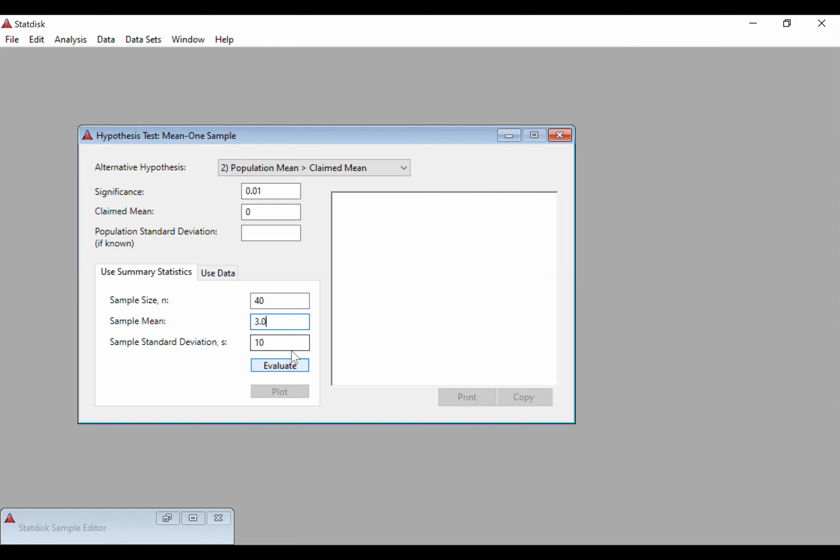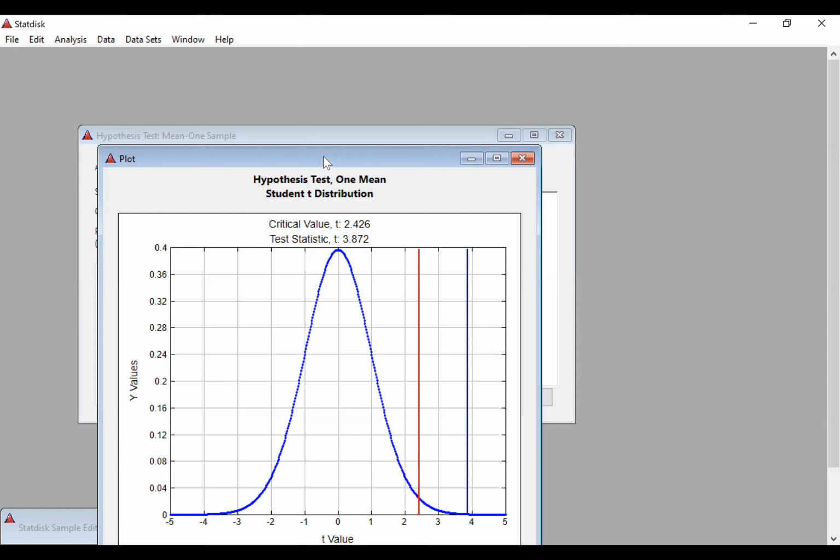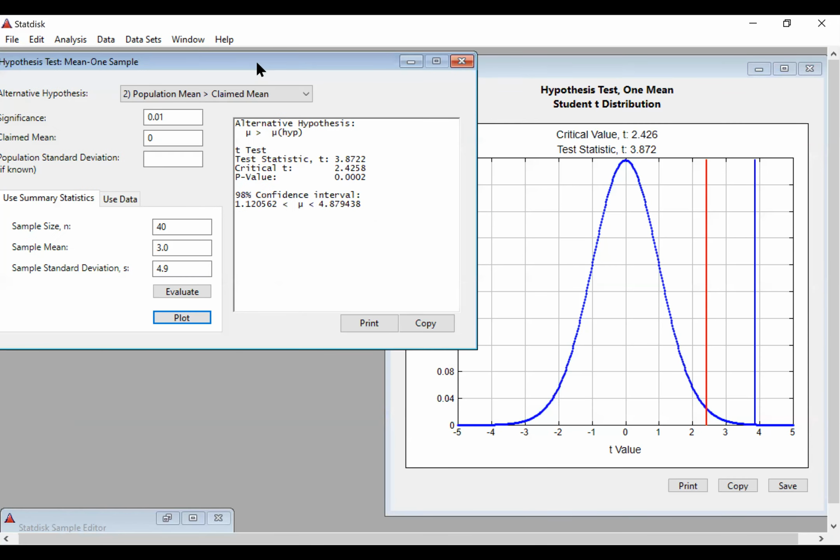Sample mean was 3.0 and sample standard deviation was 4.9. We can hit Evaluate and plot. And what we see here is that our test statistic, our t, is 3.872, and that's beyond our critical value of 2.426. So we are off in the tail. We also see that our p-value there is 0.0002, so that's definitely below our significance level of 0.01.